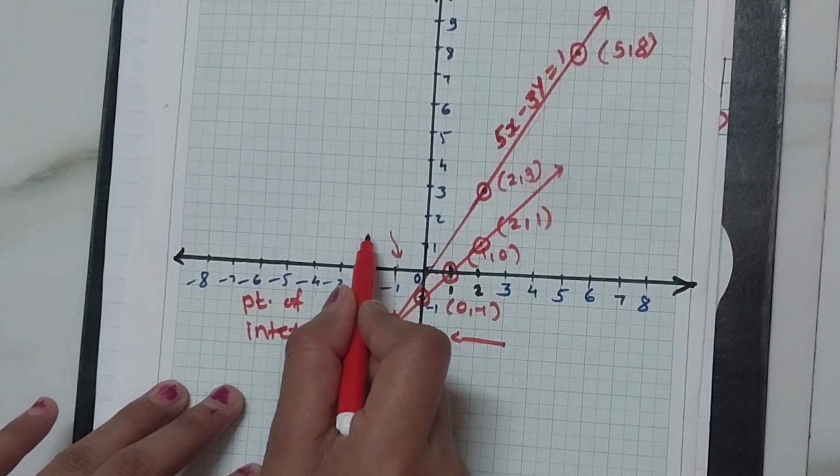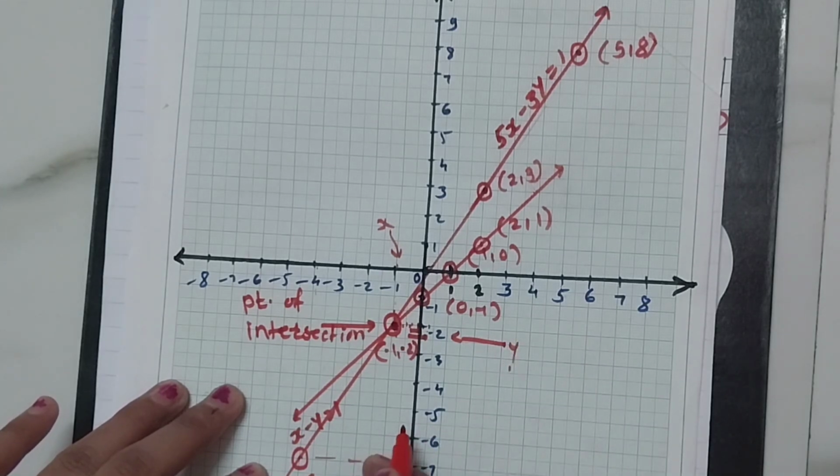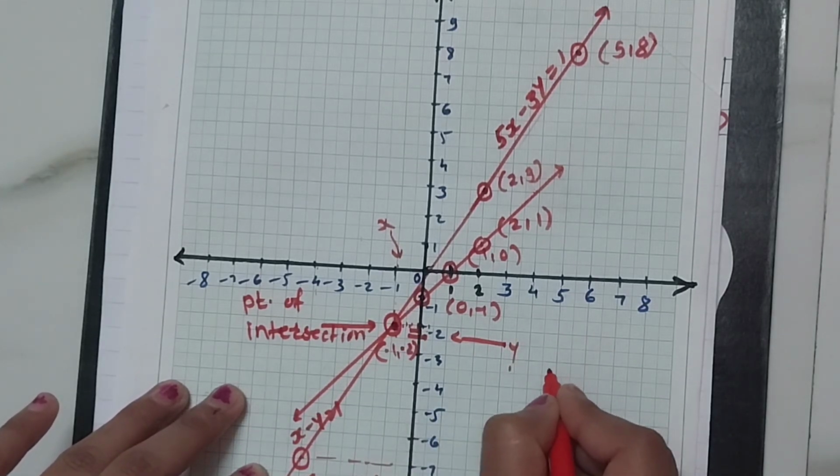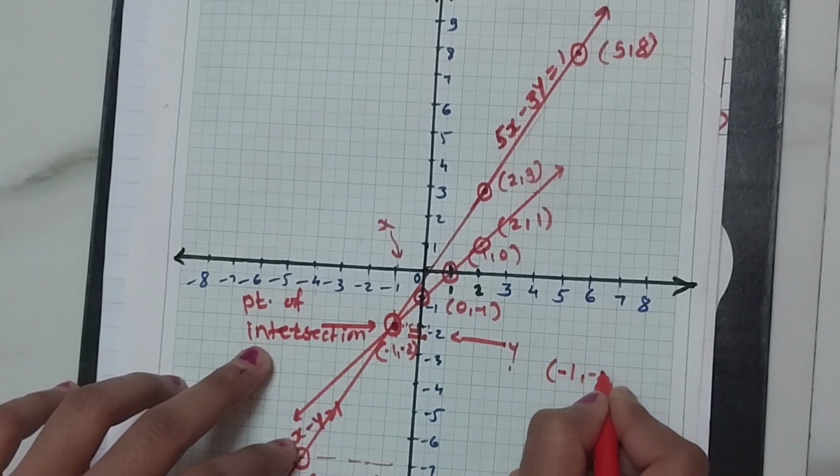So here is the x coordinate and here is the y coordinate. So what are the coordinates of the point of intersection? Coordinates of the point of intersection are minus 1 comma minus 2.